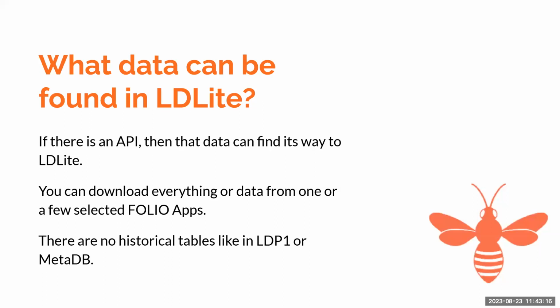And so the community has been working, especially with LDP1, on extracting JSON objects so that it's easier to create your queries in that case. LDLite, in this sense, is more like Metadb in that the JSON objects have already been extracted and transformed in the Postgres database tables.